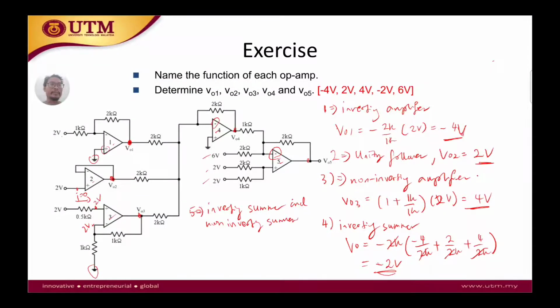The reason is because we have the positive connection, V plus, connecting to 2 voltage sources of 2 volts, that is the non-inverting summer, and then we have these 2 connections here, which is going to do the inverting sum. So it's a combination of inverting summer and non-inverting summer.